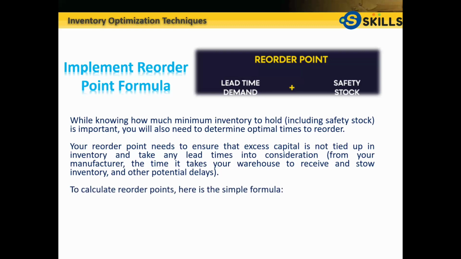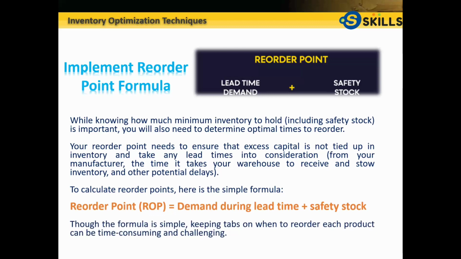To calculate reorder points, here is the simple formula. Reorder point, ROP, equals demand during lead time plus safety stock. Though the formula is simple, keeping tabs on when to reorder each product can be time-consuming and challenging.